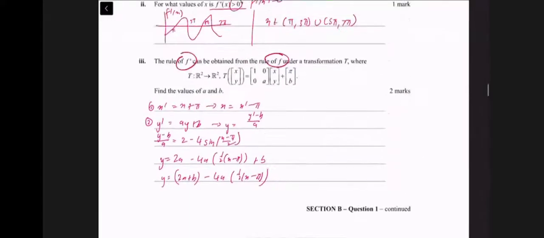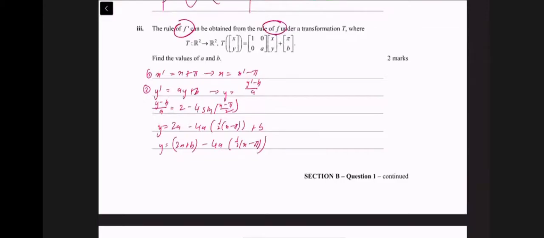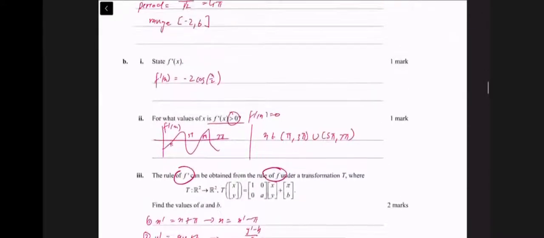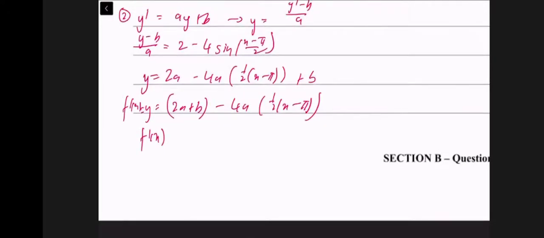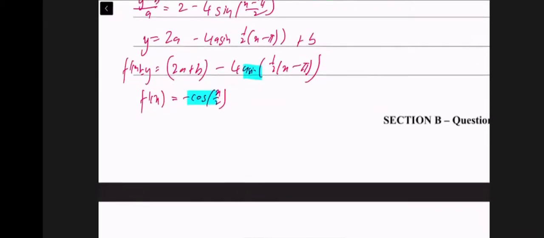So the problem here is that this is our graph of f, and this is our supposed f dash x, which is actually negative 2 cos x on 2. So the problem is that, oh my gosh, I forgot a whole thing here. Sine. So the problem is that we have a sine here and we have a cos here. So this is where you use your unit circle properties.